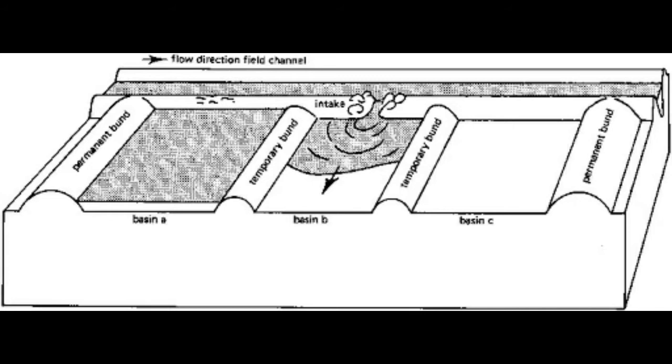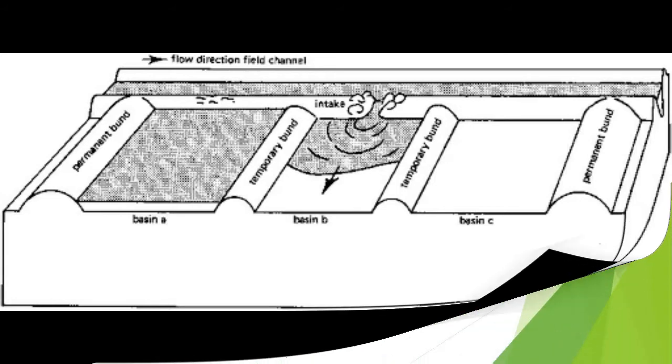As you can see in the figure, it shows that basin A is irrigated first, then next is basin B, and so on. This method can be used for most crop types and it is suitable for most soils.